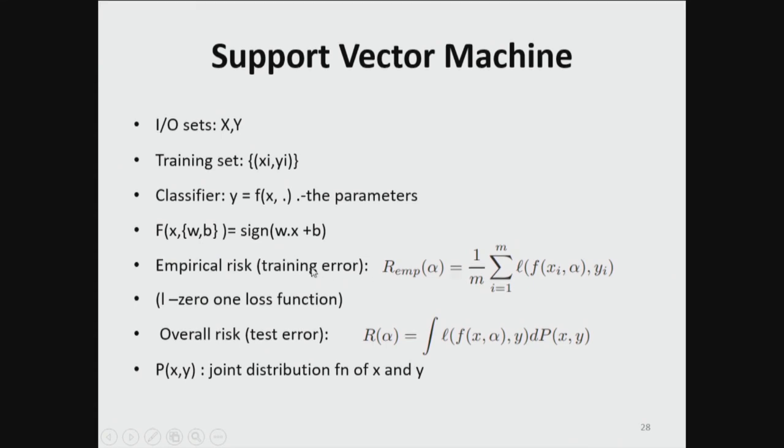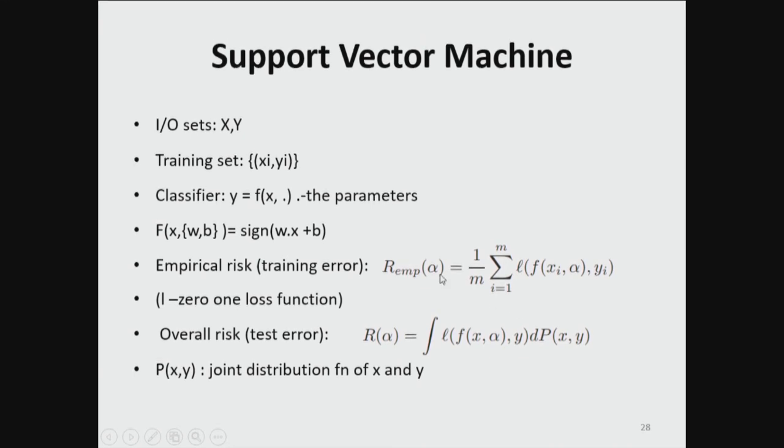This is also called the empirical risk, or the training error. The empirical risk is given by R empirical of alpha, alpha being the parameter in this case, equal to 1 upon m times the sum from i equal to 1 to m of L of (f of (xi, alpha), yi). L is the loss function. Assume that we take the loss function as the 0-1 loss function.